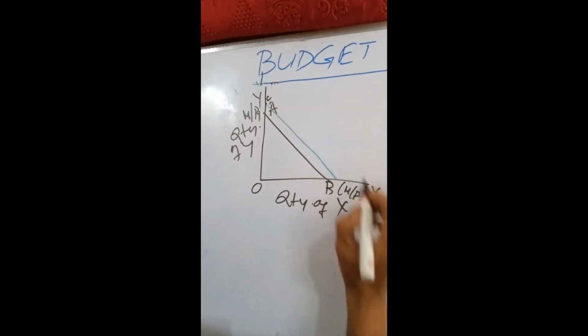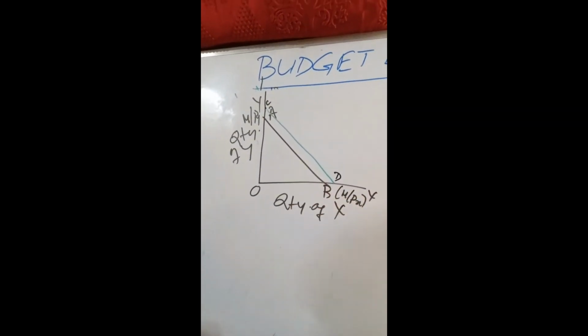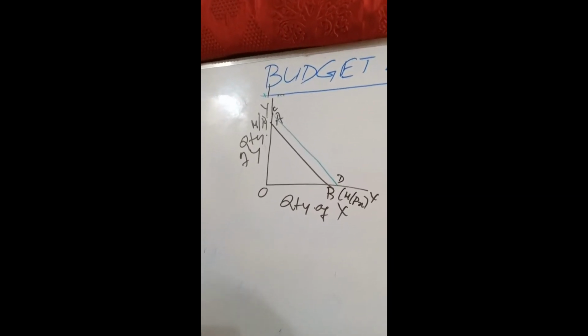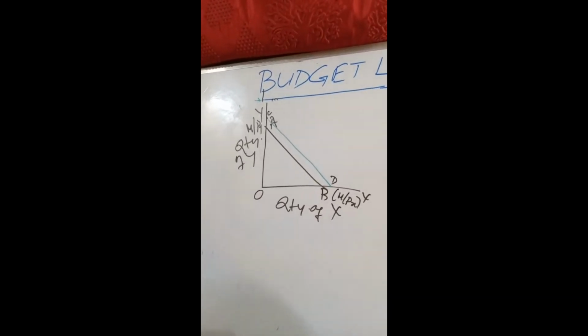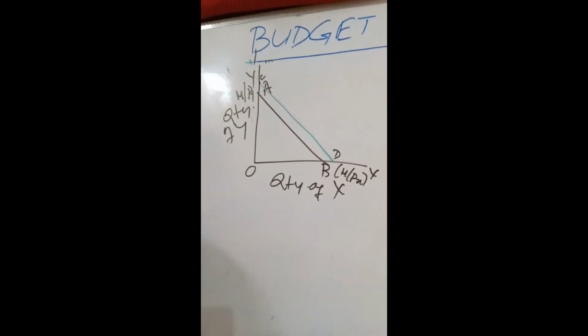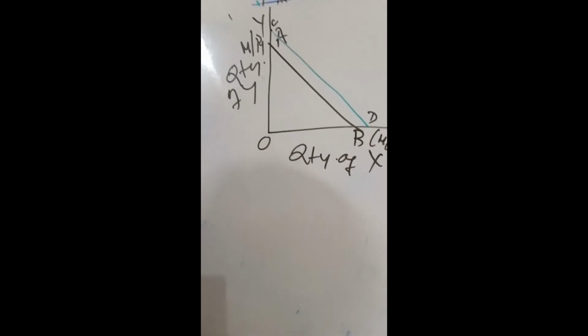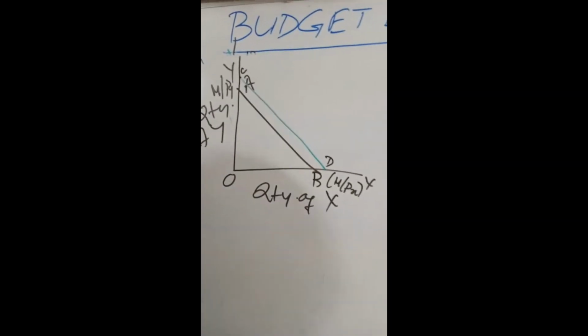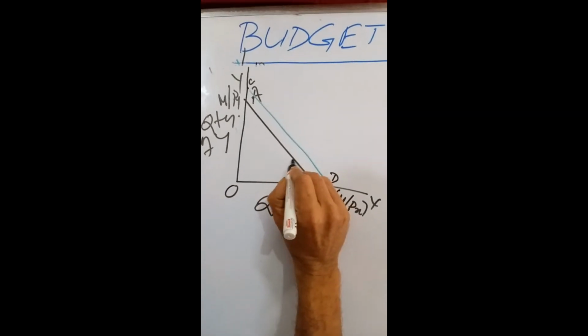Say C and D. So if income of the consumer increases without any changes in the prices of the commodities, the consumer will be able to purchase more of both the commodities. Hence, the budget line will shift parallelly toward the right.